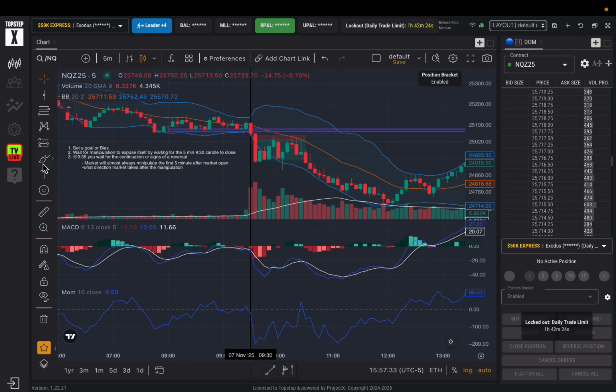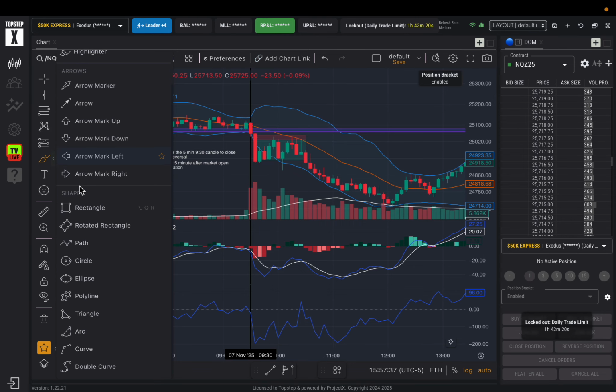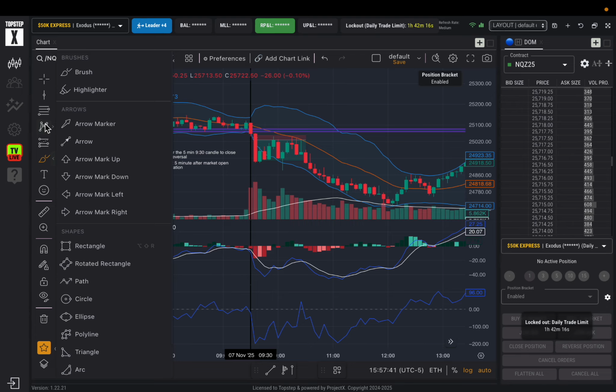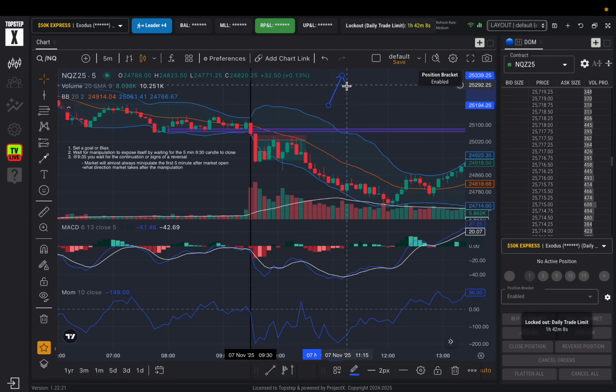So you can think of it like this. Look, the market just moves up and down in the first 5 minutes, right?